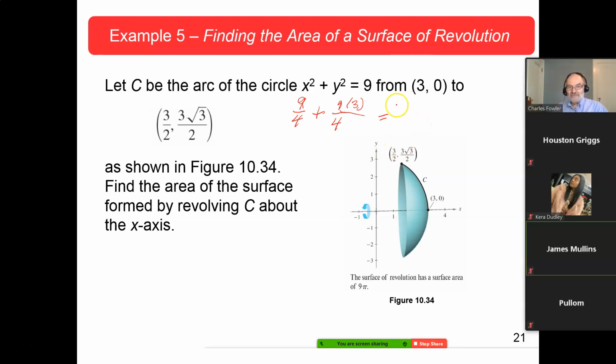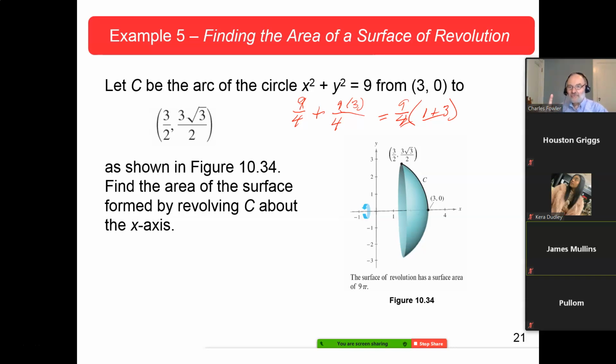Let's factor out 9 over 4, and what do we have left? 1 plus 3. 1 plus 3 is 4. 4 times 9 over 4, the 4s cancel out, that leaves you 9. So yes, that point is on the circle too. I knew it was, but it's just one way to check. Make sure you don't have an ill-posed problem and try to solve a problem that can't be solved.